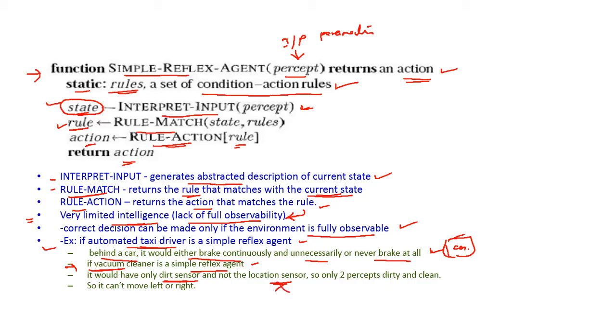If there is no location sensor, it will only perceive dirt and clean, and it will not move left or right because we don't have the location sensor. If the location sensor is absent, we cannot move the vacuum cleaner from one location to another. So if it is a simple reflex agent, the environment should be fully observable.